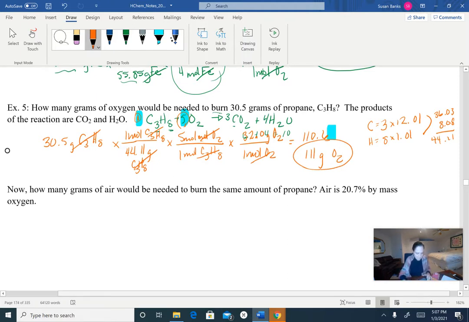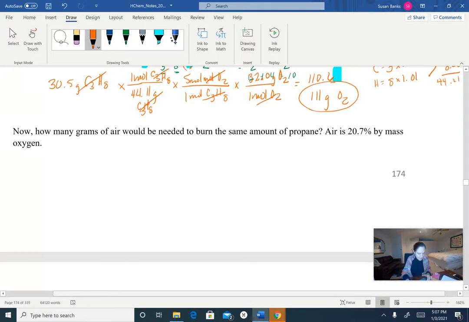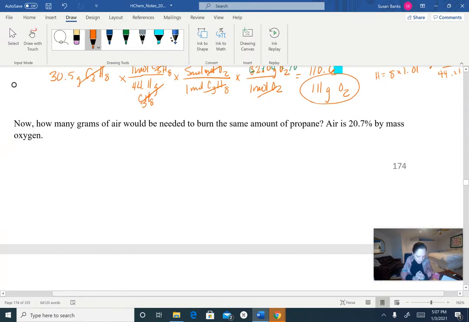Okay? Last example here. How many grams of air would be needed to burn the same amount of propane? Okay? So air is 20.7% by mass oxygen. Do you think we can figure this out using our unit analysis? We sure can.